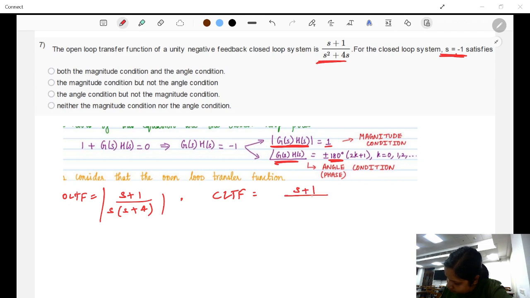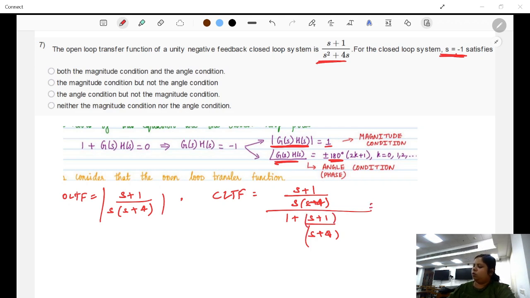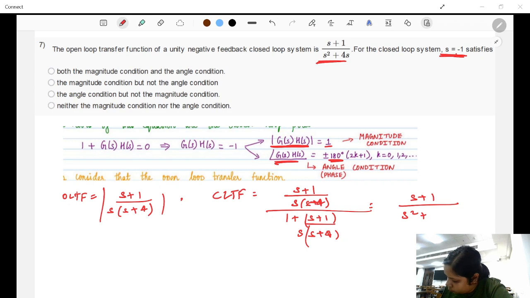Gs upon 1 plus GsHs. Alright, so it would be s plus 1 upon, I think I'm missing this s square, s square plus 5s plus 1, right?